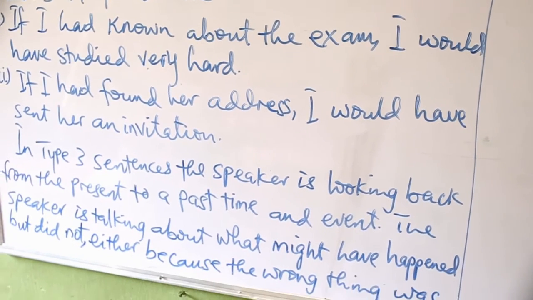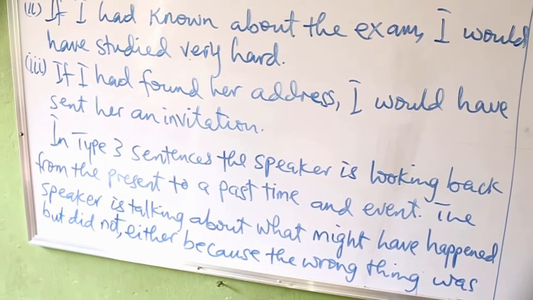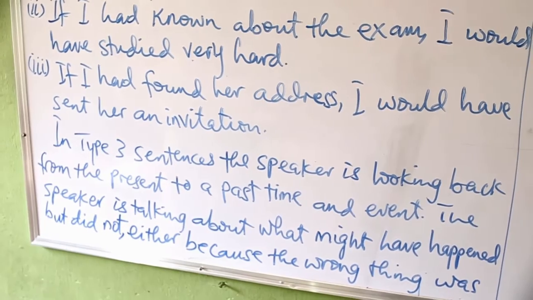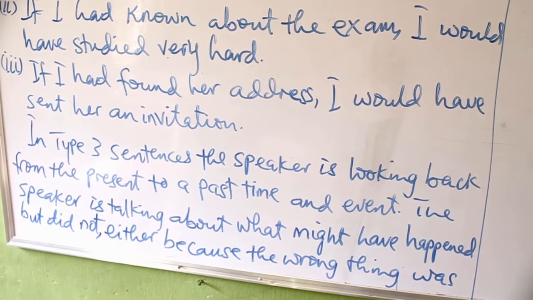In type 3 sentences, the speaker is looking back from the present to a past time and event.